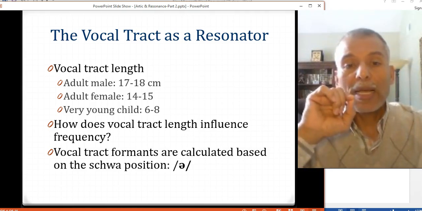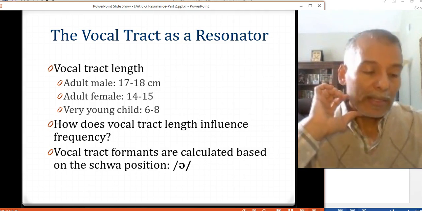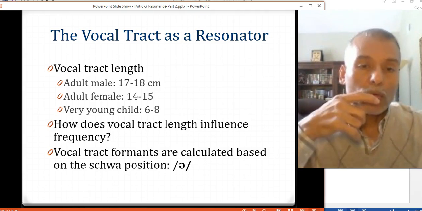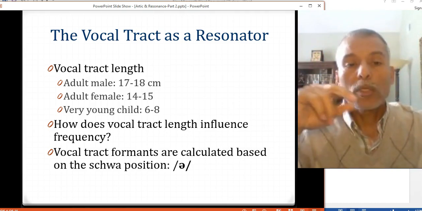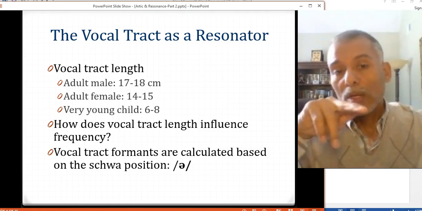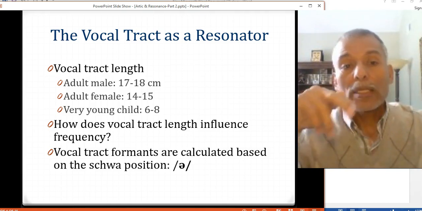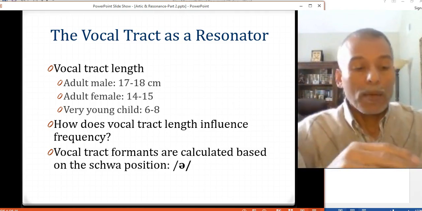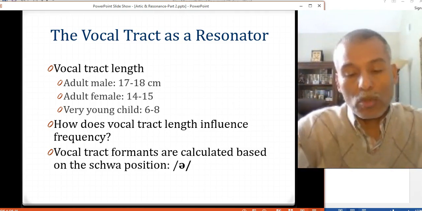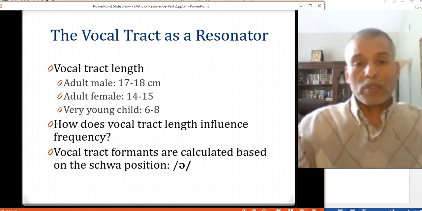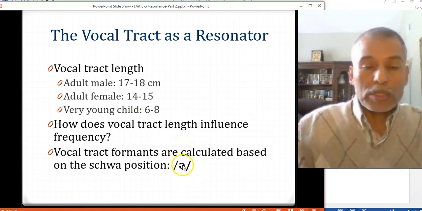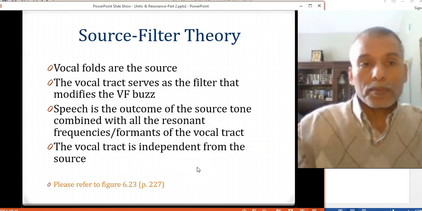That is the sound that shows vocal tract resonance and the quality: how long the vocal tract is, how wide it is, what kind of constrictions we have, and so on. So that is why the schwa is used, and typically the adult male vocal tract is used in most studies as the model for the calculations, and the schwa is used as the basic sound.